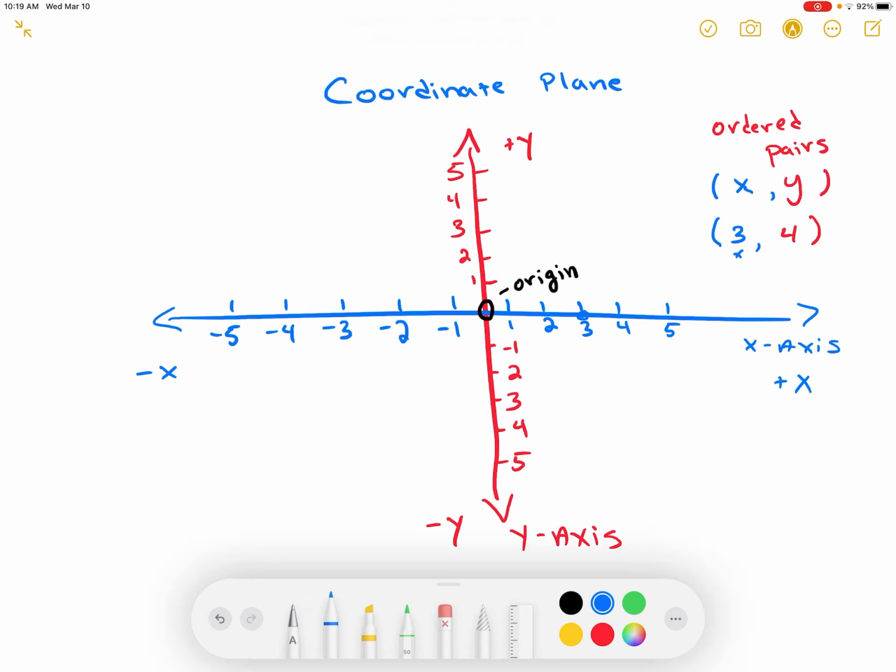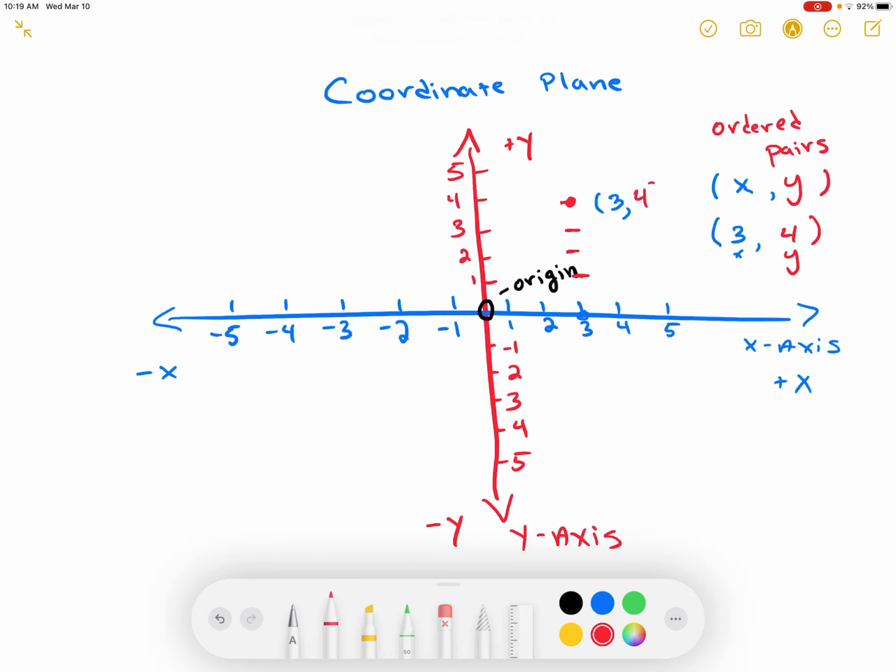Then, from that point, I go up 4, because this is a positive 4, and it's in the y position, so I go up 4. So it's 1, 2, 3, 4. And that is going to be the location where x is 3 and y is 4. The other way I could have said that is to the right 3 and up 4.